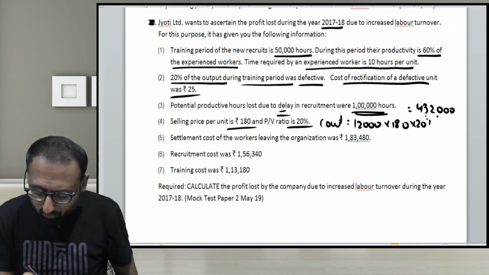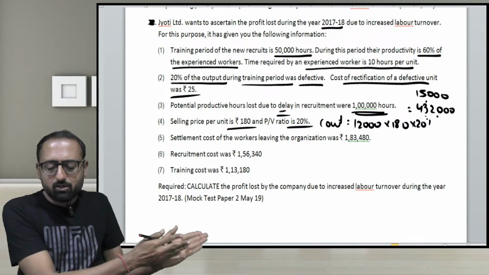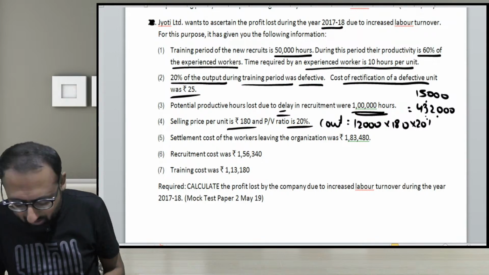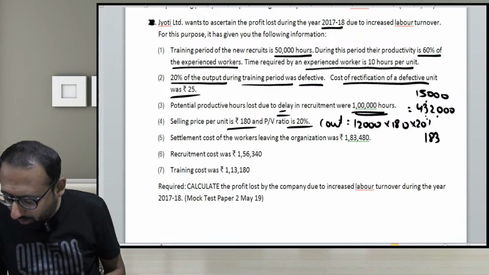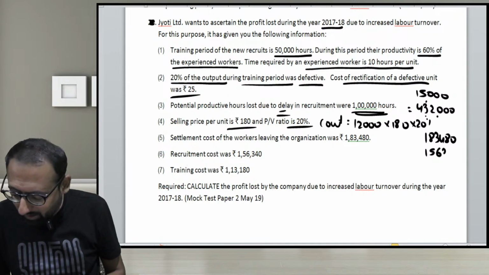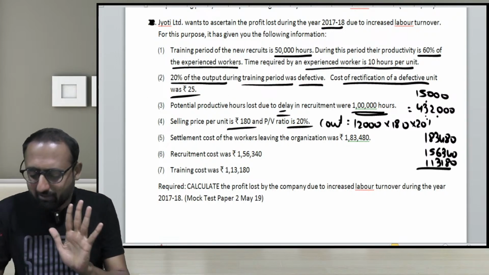Plus rectification cost of defective was 15,000. Plus settlement cost is there, recruitment cost is there, training cost is there. I'll add all these costs, sir. This cost will be 183,480. This cost will be 1,56,340. 1,13,180. I'll just have to take a total.